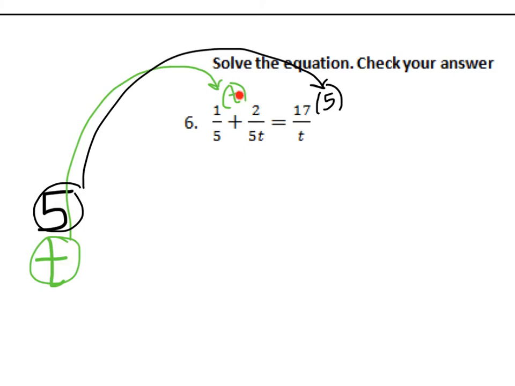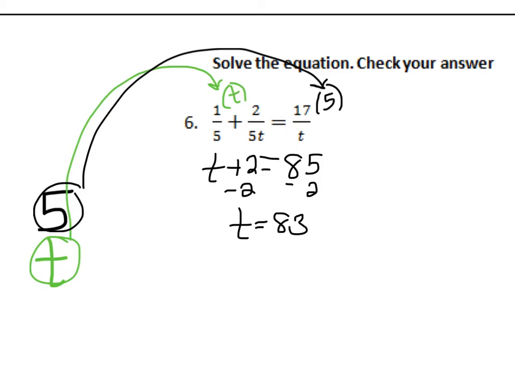So we've got 1 times t, which is t, plus 2, because the second numerator didn't change, equals 17 times 5, which would be 85. T is on the left side, and we need to get it by itself. There's a plus 2, so we're going to subtract 2. So t equals 83. T is by itself, so there's my answer.